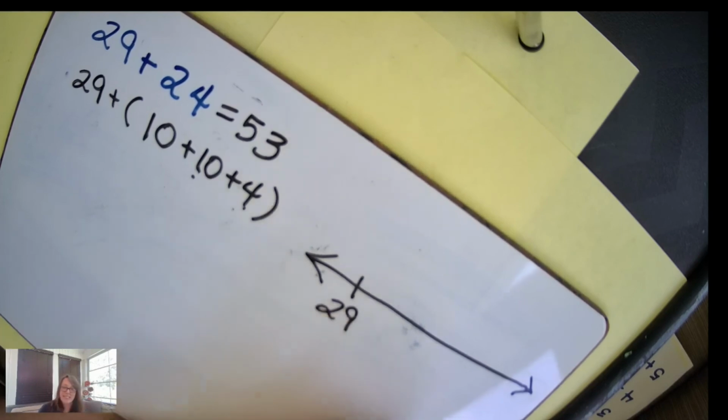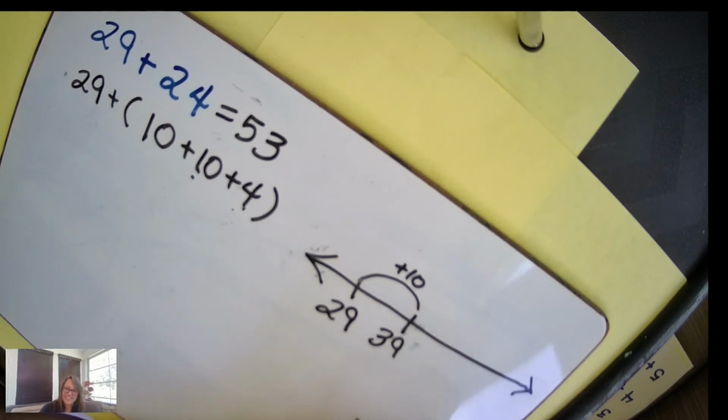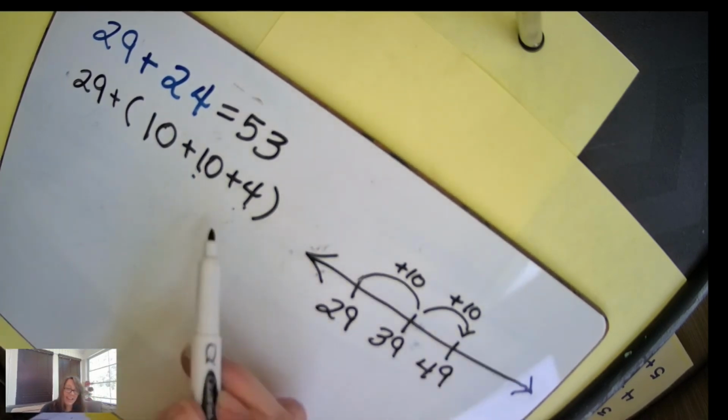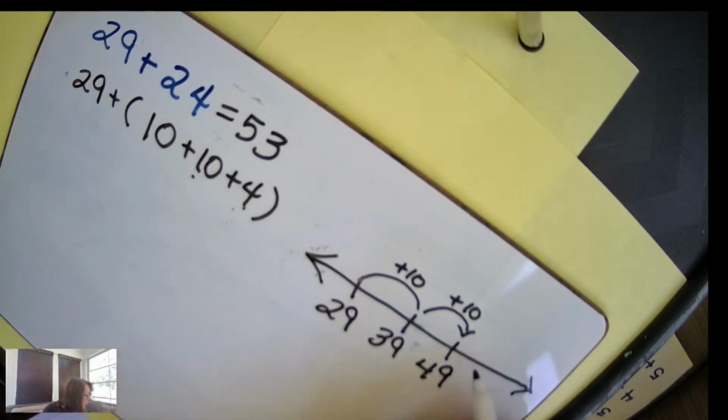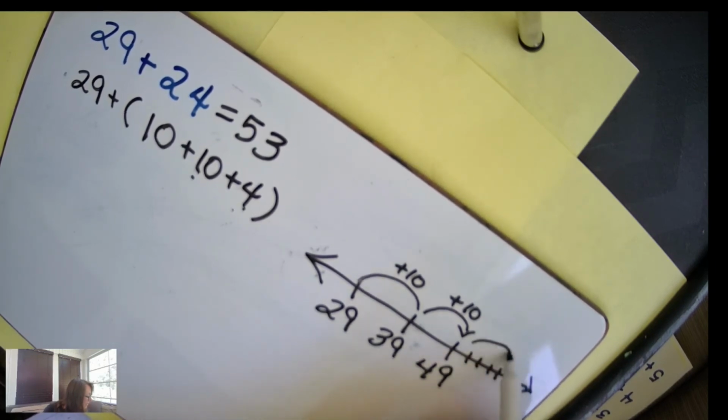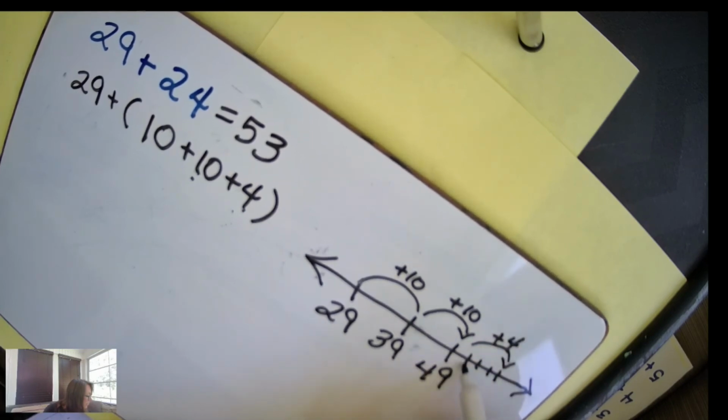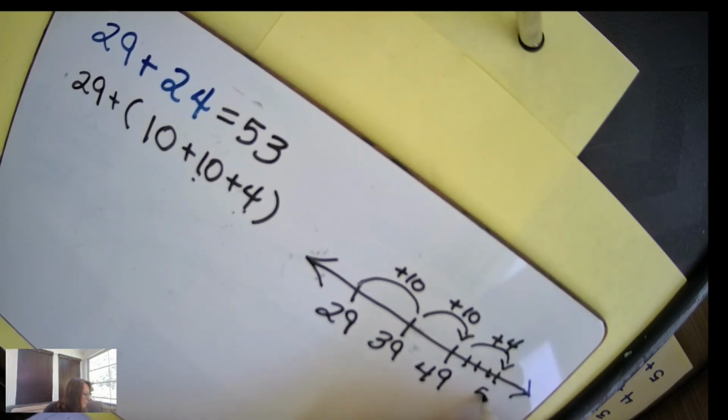And he started with 29 and added 10, which is 39, added 10 more, which is 49, and then added 4. 1, 2, 3, 4. 49, 50, 51, 52, 53.